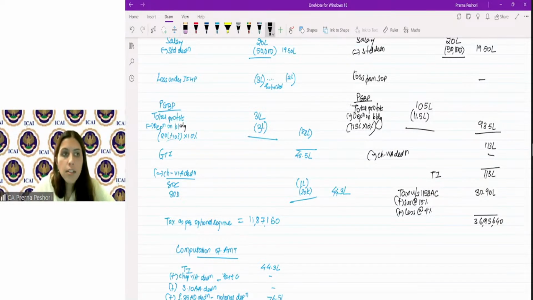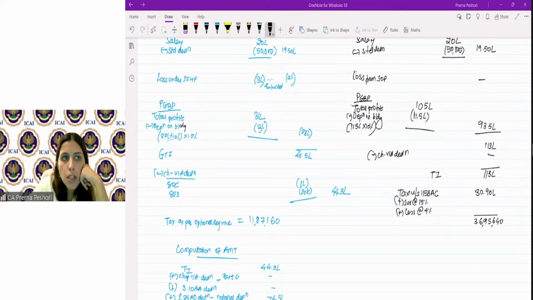Yes, students, are you getting this answer? So if you're getting this answer, then if you look at it, it is beneficial to go as per the normal provisions, because even with the MAT, my tax liability was somewhere close to 22 lakhs.